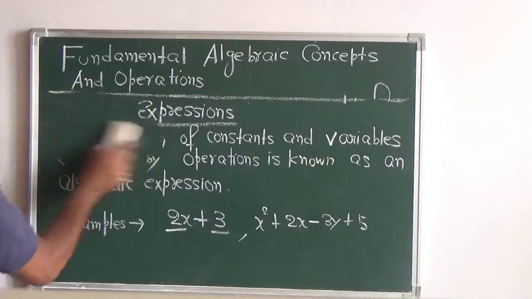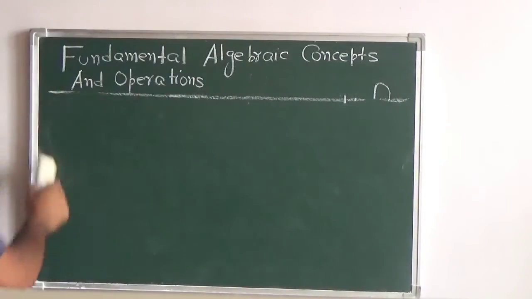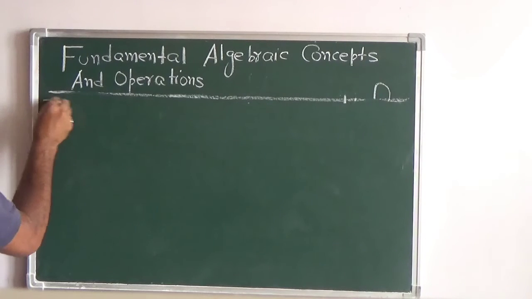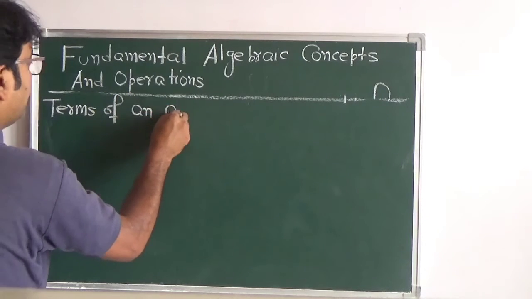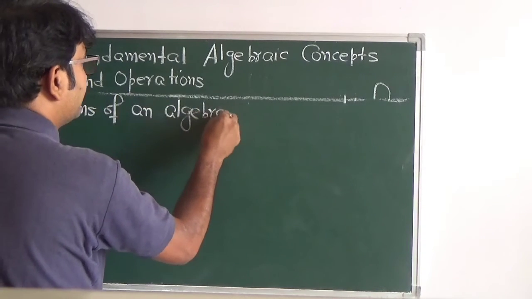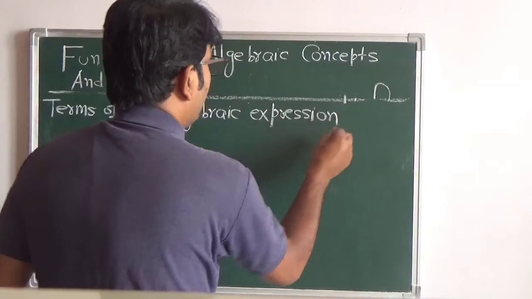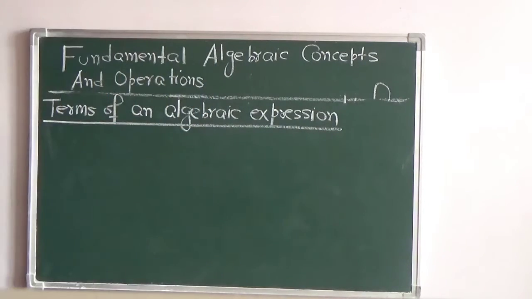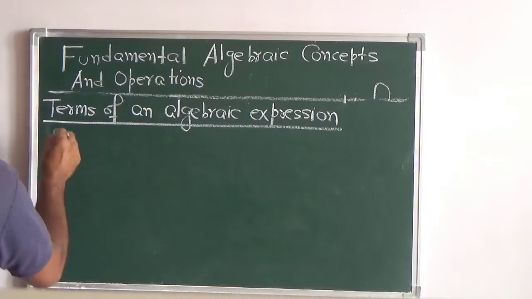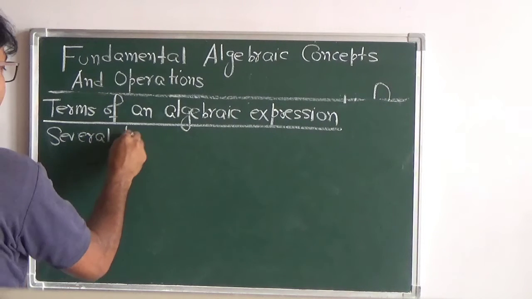So next one is what are called the terms of an algebraic expression. So we have already come to know about constants, variables, and what is called an algebraic expression. Now what are the terms of an algebraic expression?